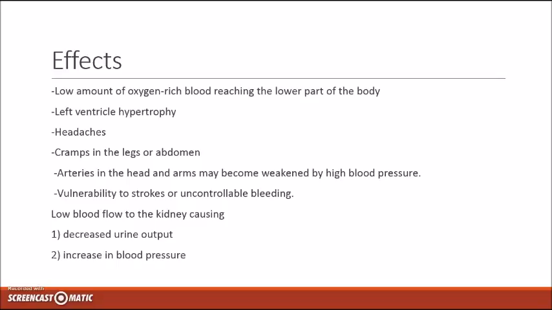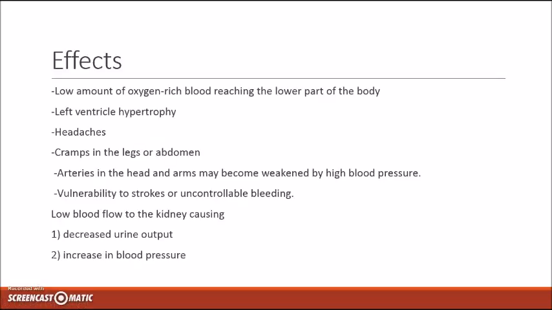I mean, the level of oxygenated blood reaching the tissues is good and pretty much enough. However, for the lower part, there is a low amount of oxygen. Due to this, we can have cramps in the legs and abdomen due to the low level of oxygen.